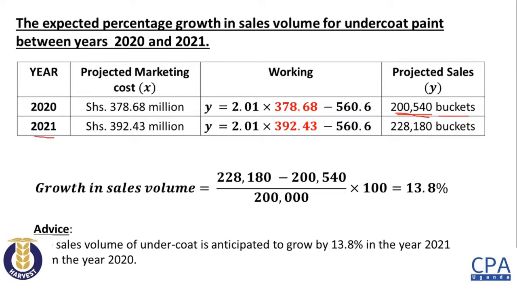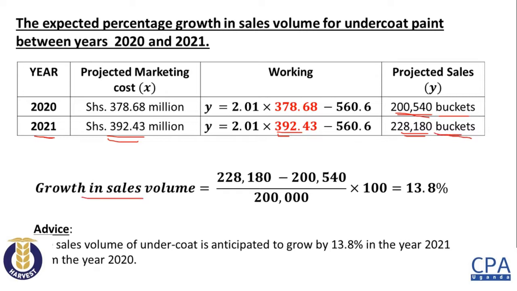Then for the year 2021, the projected marketing cost is 392.43 million. So I replace in our least squares equation, in the place of x, the projected marketing cost of 392.43. That gives me the projected sales of 180 buckets of paint.